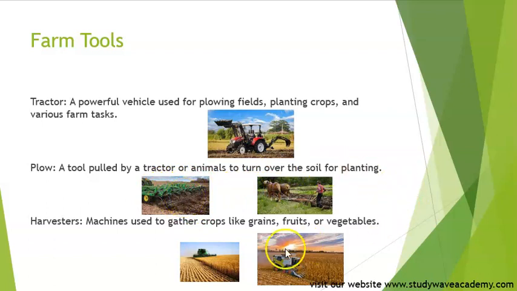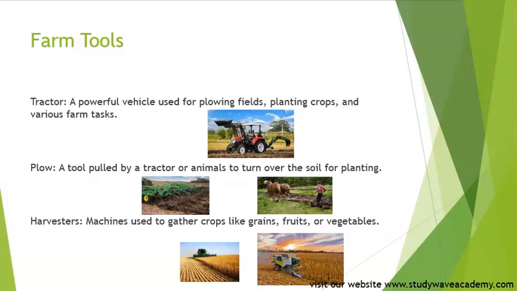We have harvesters, machines used to gather crops like grains, fruits, or vegetables. This is called the harvester. Okay? It's used for gathering crops.